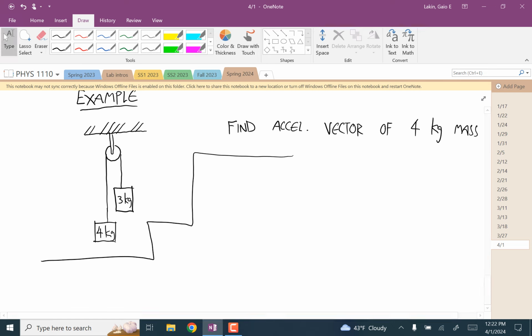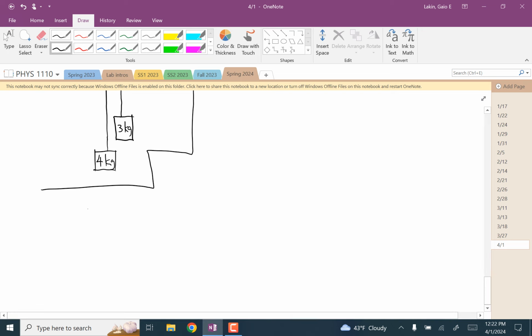I'm going to start by isolating the 4 kilogram. There's a weight down of 39.24.